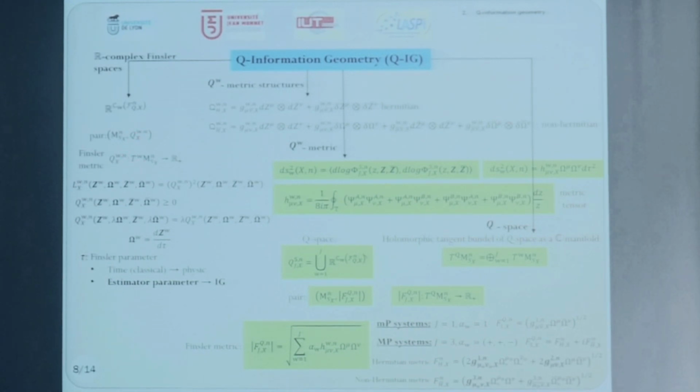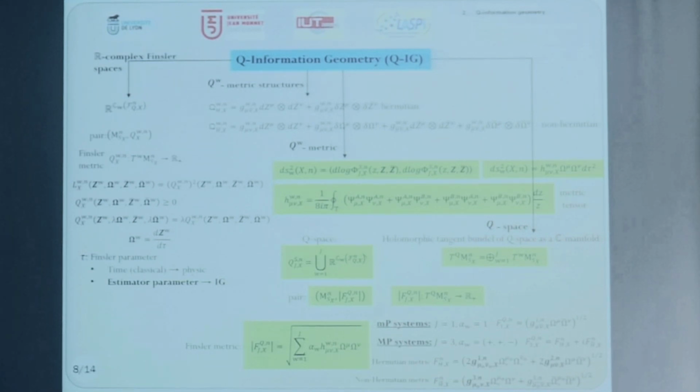Finsler metric is defined by 3 fundamental conditions, where the third condition is very, very important because this is the homogeneity condition. And lambda is either complex or real.